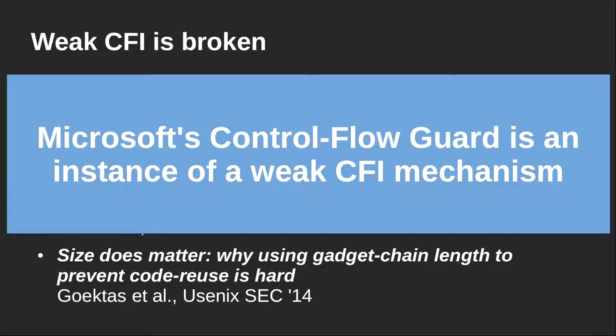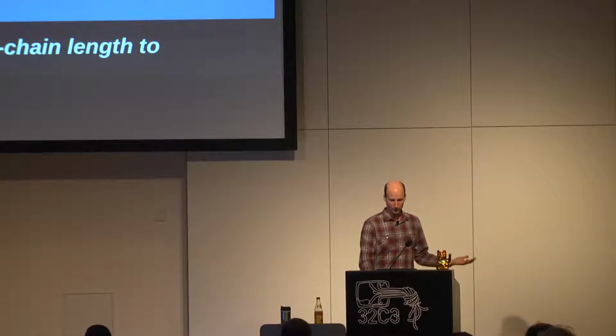And by the way, Microsoft's Control Flow Guard is an instance of a weak control flow integrity mechanism and can be broken by any of these mechanisms that were just cited here. It might make the attack a little bit harder in some cases, but it does not stop any attack from happening. So let's move to strong CFI and see what we can do under a strong control flow integrity policy.